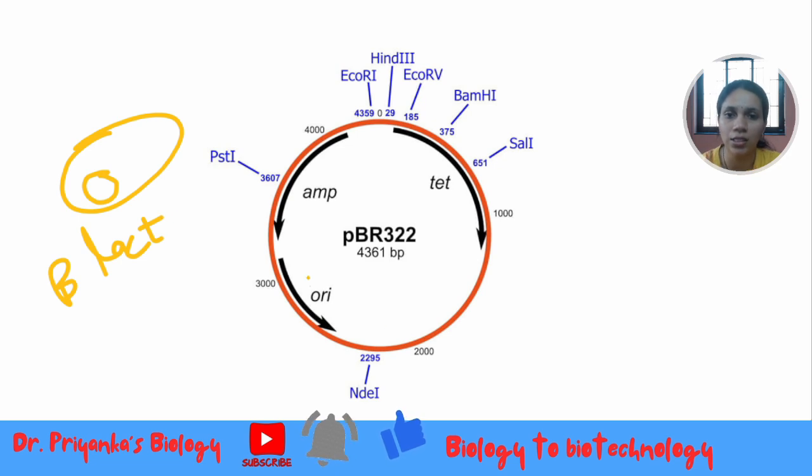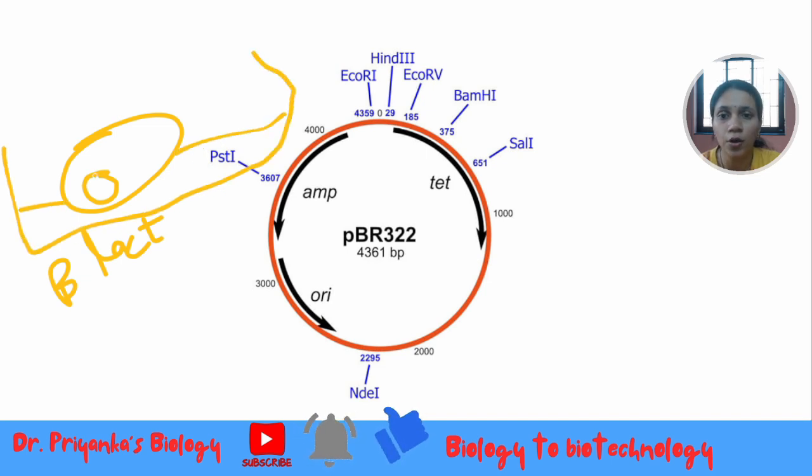What it does is it modifies the ampicillin in such a way that it makes it neutral. It is no longer going to harm the bacteria. So suppose we have ampicillin present in the nutrient medium. Because of the activity of the beta lactamase gene present on pBR322, it is going to nullify the effect of ampicillin present in the medium.